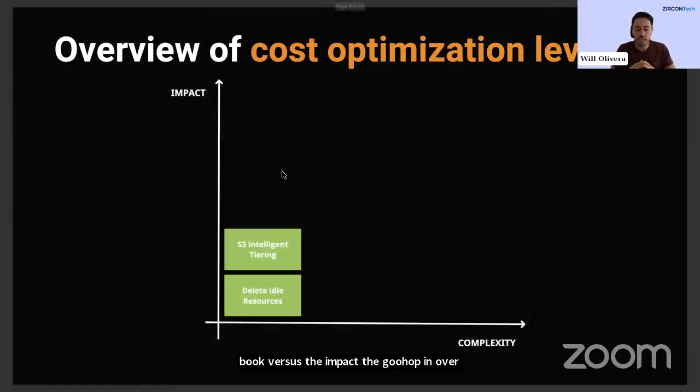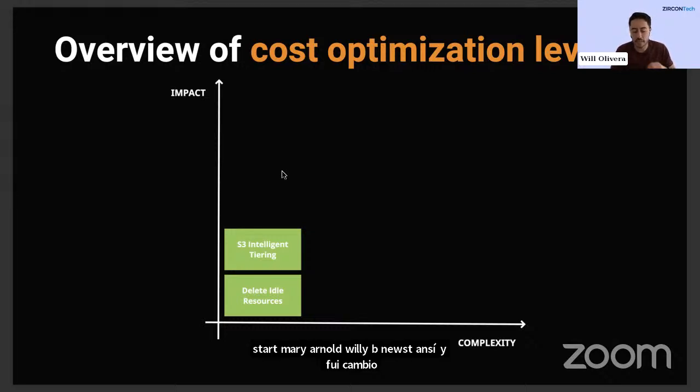In a first stage, we have two options that we can highlight. One is called deletion of idle resources, which is a way to find those things that maybe are not really being used and see if we can destroy them. And then at the static data level, we also have intelligent tiering, which will allow us to optimize the storage of our objects in a way that can help us to save some money.